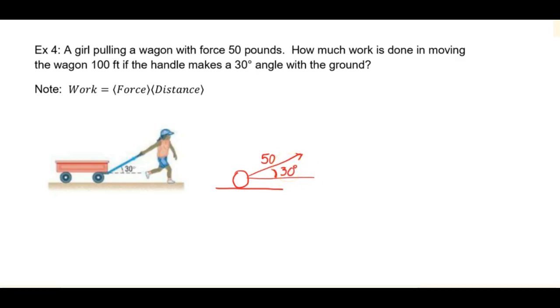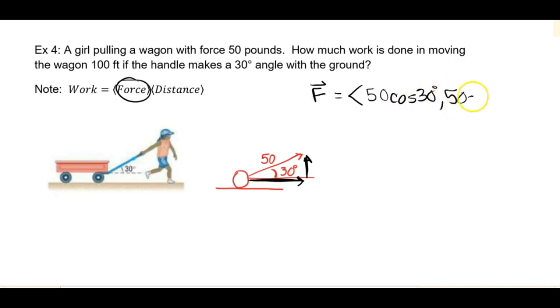So let's break this up into a horizontal component and a vertical component. In order to do that, we're going to find that the force vector is going to be 50 cosine 30 degrees, comma 50 sine 30 degrees.